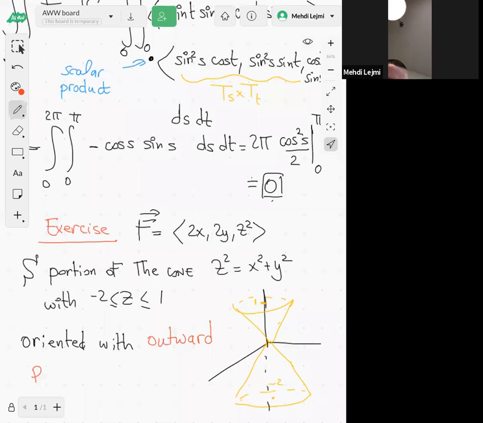So what does it mean? Outward pointing normal. Here's my cone, so the direction would be like this here. It's outward, so it goes outside the cone, not inside.